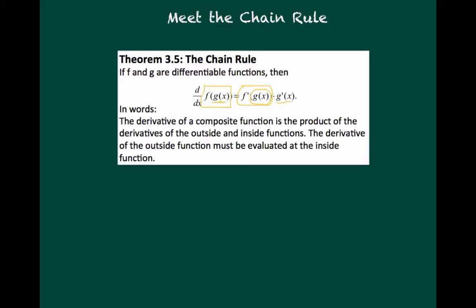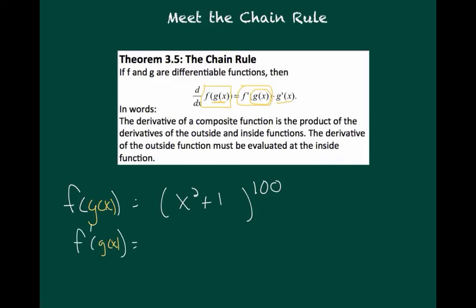Okay, an example here would really help. So let's go back to the example that we were looking at. Suppose we said that we had f of g of x, and that equaled x squared plus 1 to the 100th power. So what would the derivative look like? Well, according to the chain rule, we would take the derivative of the outside function.